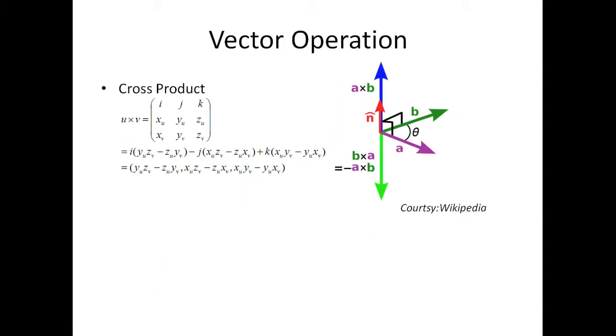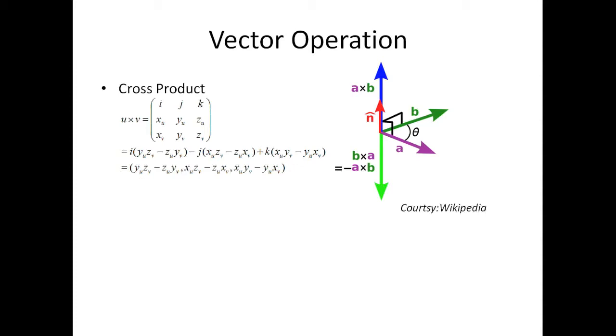Okay. The cross product, which we also explained last time: if we have two vectors a and b, the cross product gives us a new vector which is perpendicular to the two vectors. If we take a cross b, we get i, j, k by computing this determinant, which is very simple.